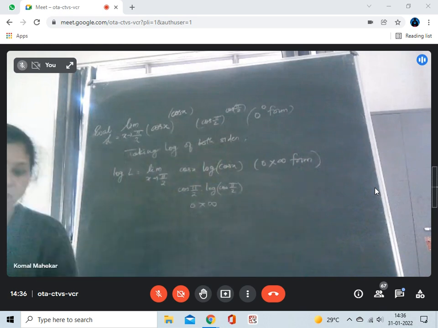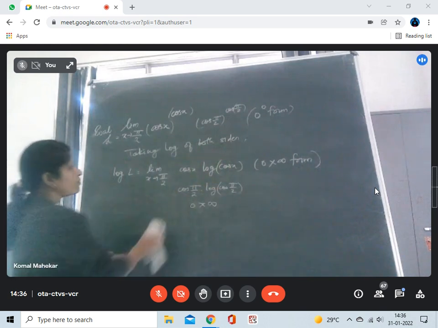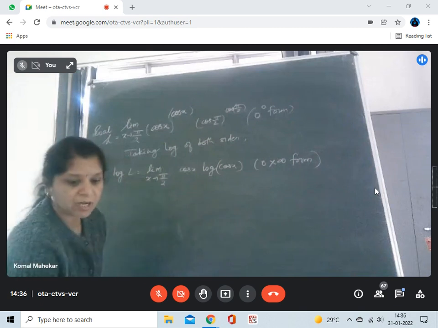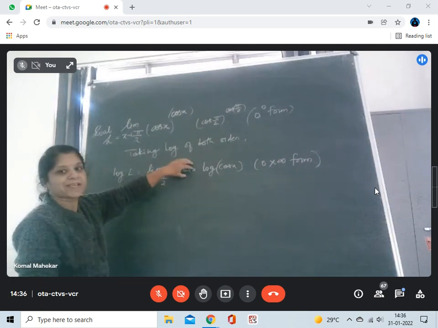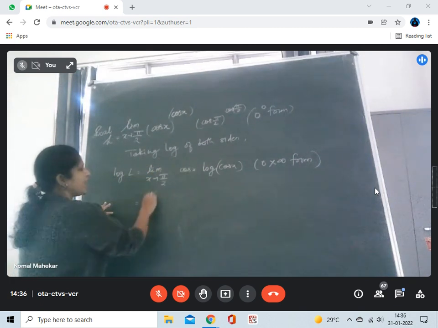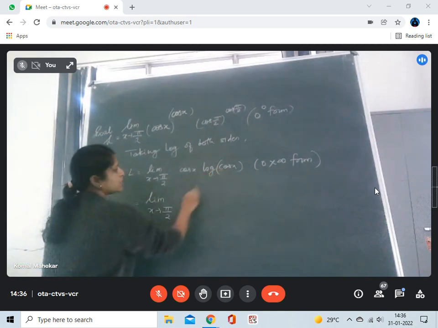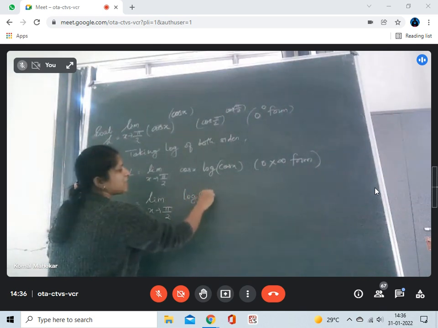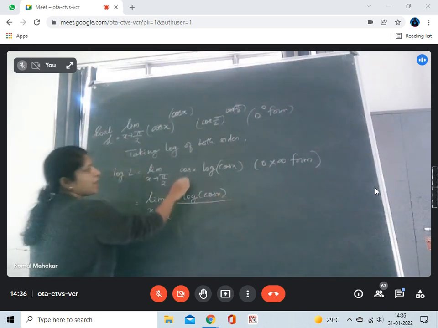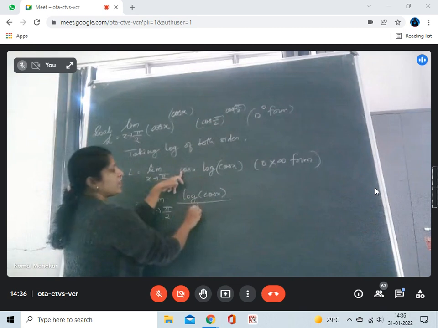We know how to solve the problems of 0 into infinity form. We shift the second function g(x) in the denominator. We write this as limit x tends to pi by 2 of, keeping the logarithmic function in the numerator as log of cos x, and we write the other function as 1 upon cos x.